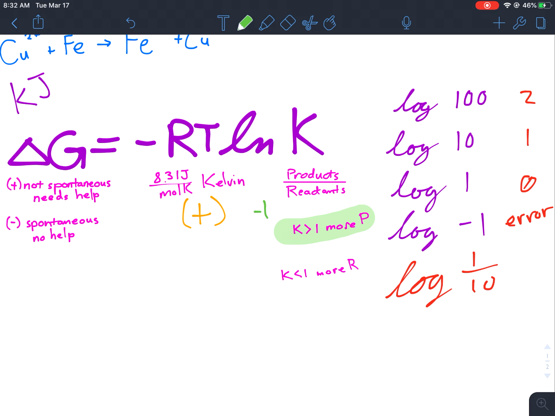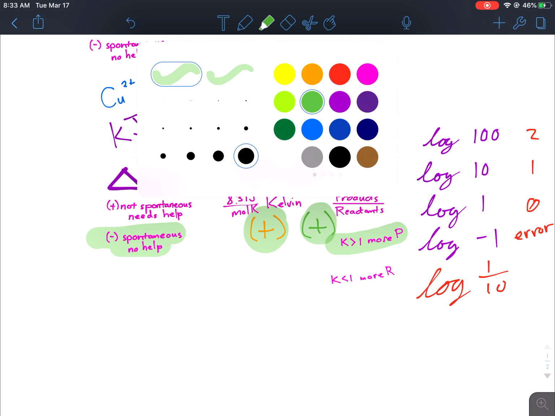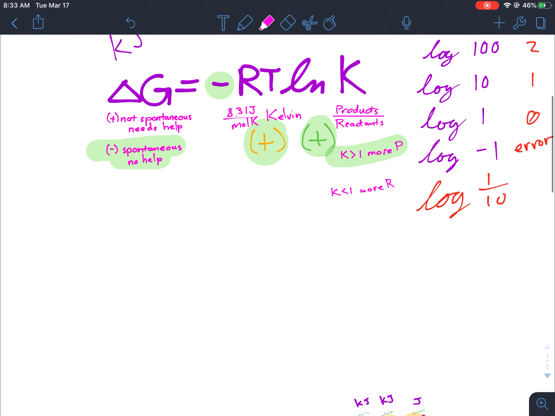It became positive. So then I have a positive times a positive times a negative. A positive times a negative means it is negative. Okay? It is spontaneous. Let's work out those numbers again. What if I have less than 1 K? What if I have more reactant? Well, then the ln K turns out to be a negative number.